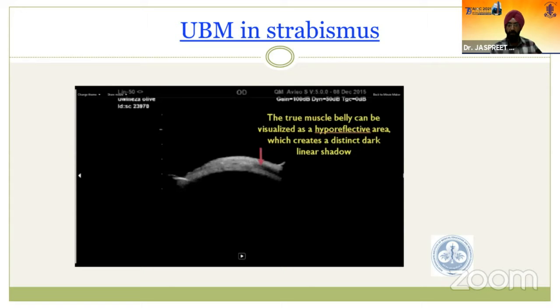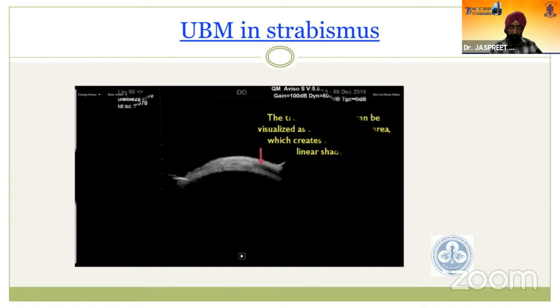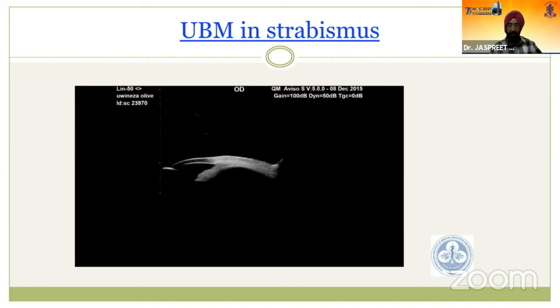Now this is the muscle insertion, from where the muscle would be starting. Without those markings, you're going posteriorly from the limbus, from the angle, and now you can see the black shadow. So this is where the muscle insertion is. That's how you delineate on the UBM where the actual muscle insertion is.